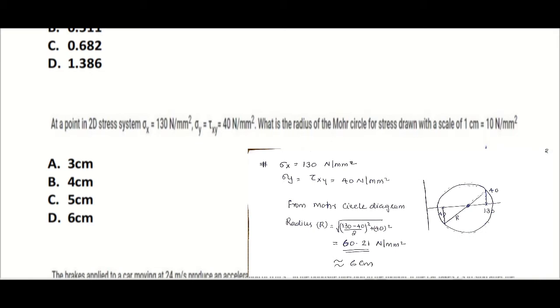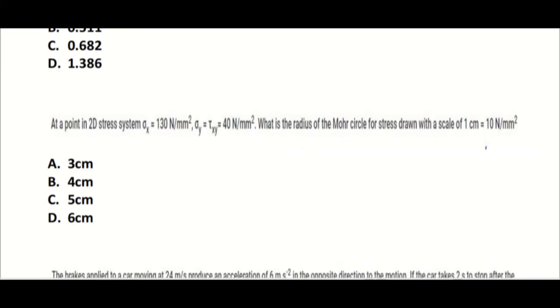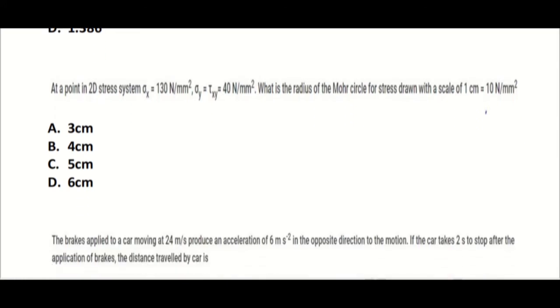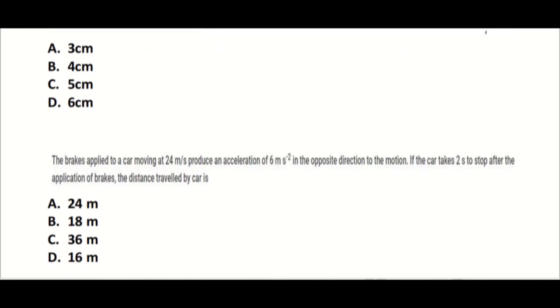Using the Pythagoras theorem we can find the value of radius r. That will be equal to 60.21 Newton per millimeter square. For 1 centimeter it is 10 Newton per millimeter square, so for 60 Newton per millimeter square, that will be almost equal to 6 centimeter. So the radius of the Mohr circle will be 6 centimeter. Option D is the right answer.